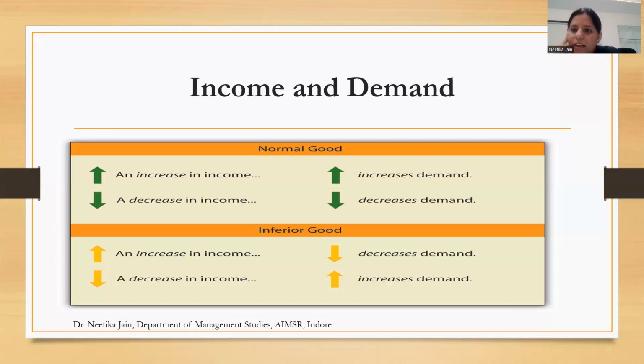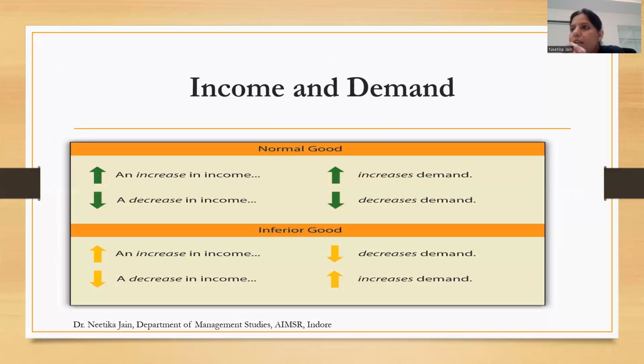So if my income is rising, I'm not going to buy more salt. I'm going to buy a rock salt pack. So I'm going to increase the quality, but the inferior good which I have, I'm not going to consume more. So in inferior good cases, usually with the increase in income, the demand for that product reduces.